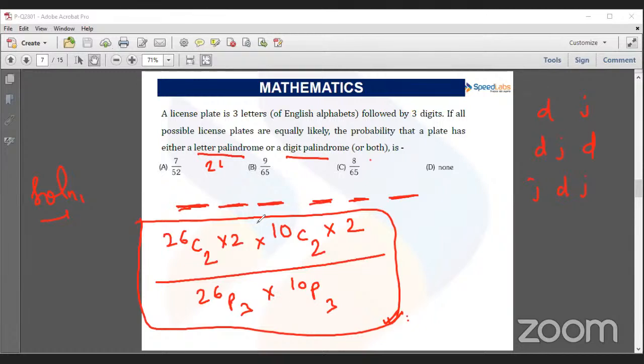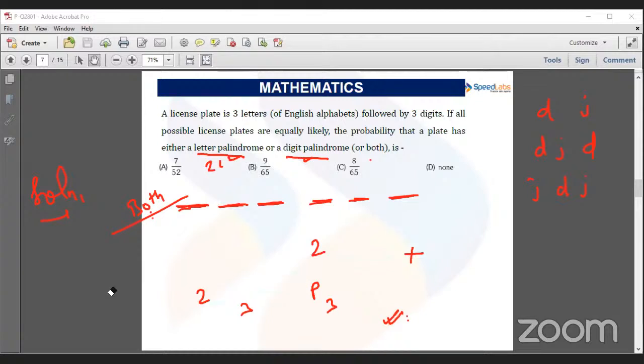This is the case when both a letter palindrome and a digit palindrome occur. So this is when both are happening. This is for the case when both a letter palindrome and a digit palindrome occur. Slight change here.